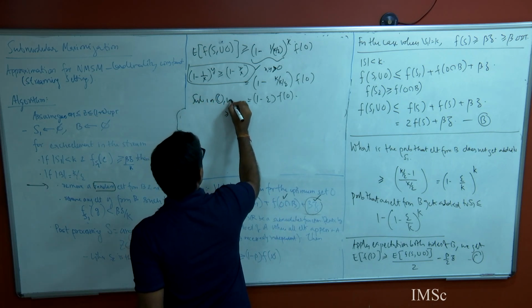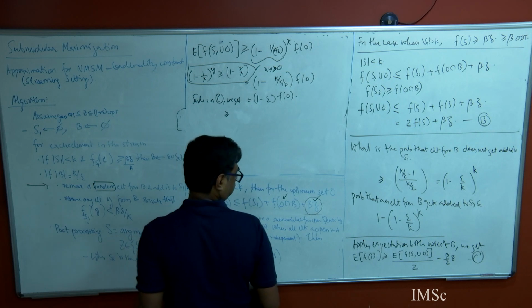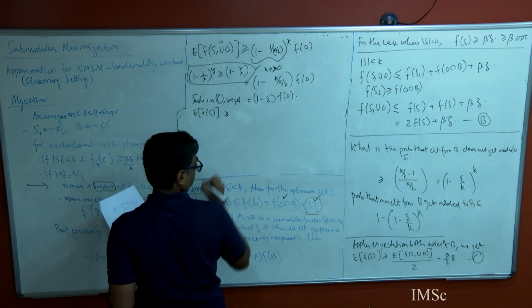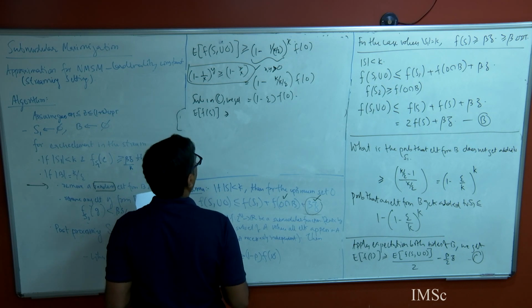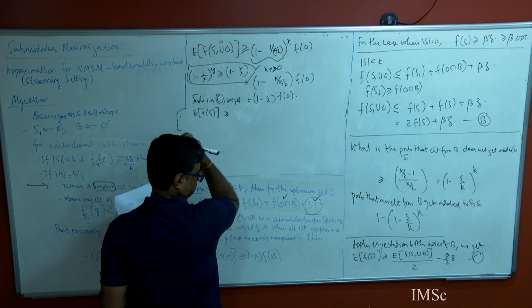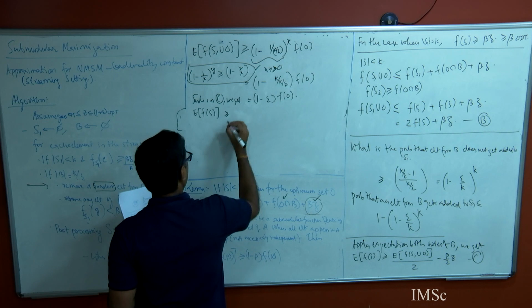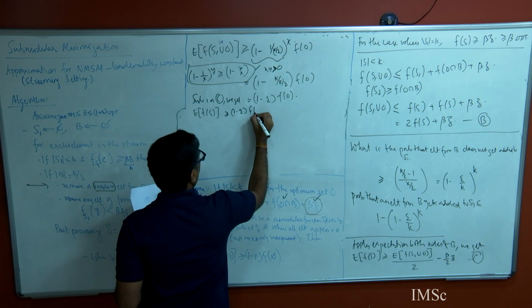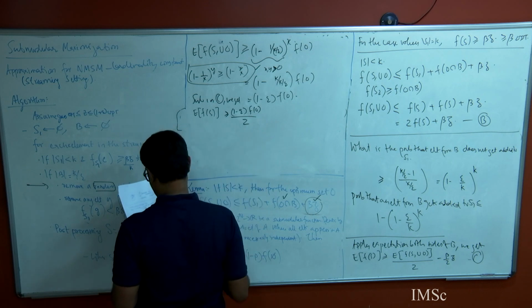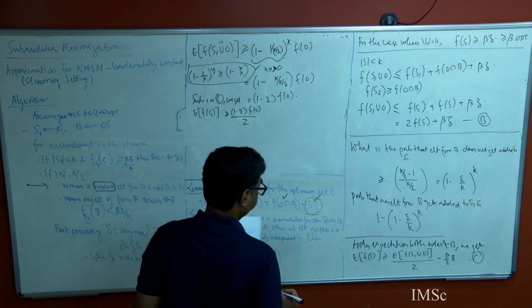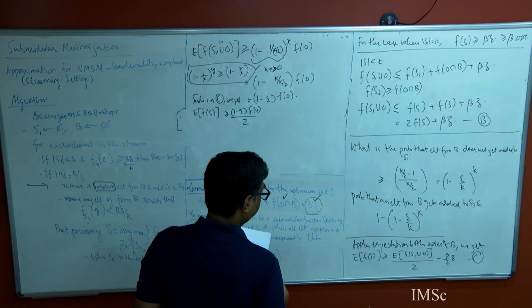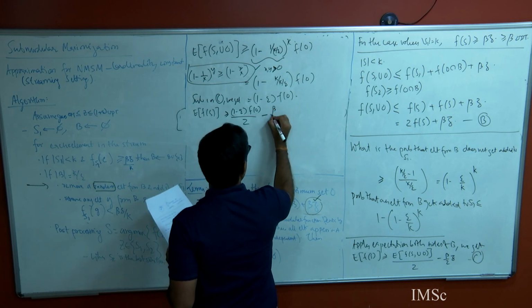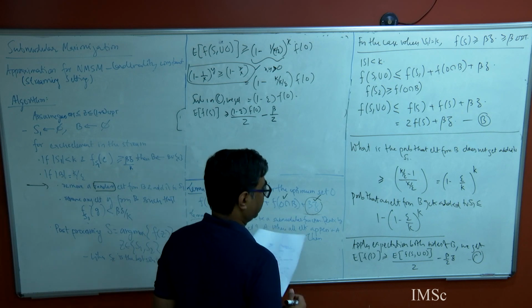Expectation of f of S is at least 1 minus epsilon times f of O by 2, minus beta by 2 times z.